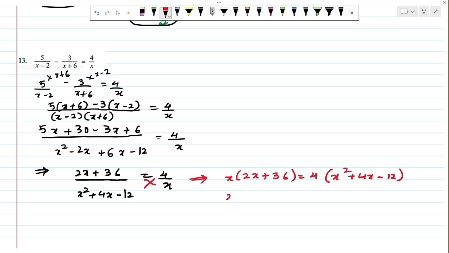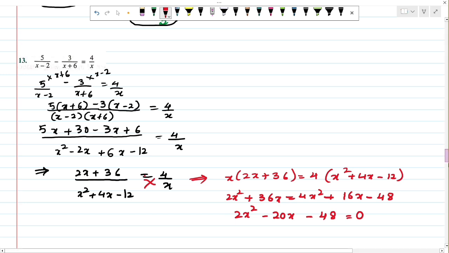So now 2x square plus 36x is equal to 4x square plus 16x minus 48, right? So if we simplify this, I'll get 4x square minus 2x square is 2x square plus 16x, and this becomes minus 16x and plus 36x is minus 20x minus 48 is equal to 0.